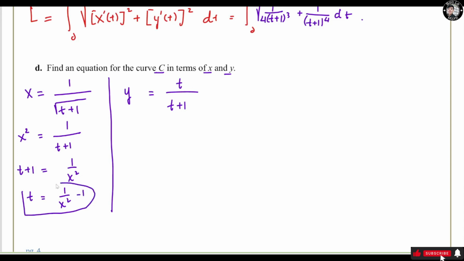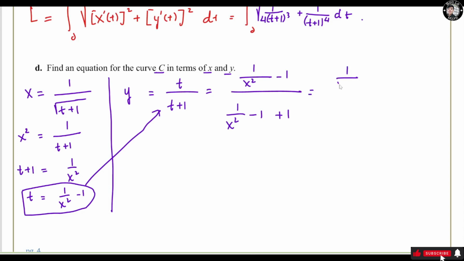Substitute this for t into the function y right here. So you have y equals (1 over s squared minus 1) divided by (1 over s squared minus 1 plus 1), right? Now it's going to be (1 over s squared minus 1) divided by 1 over s squared, right?